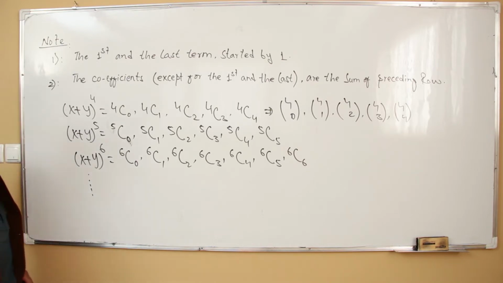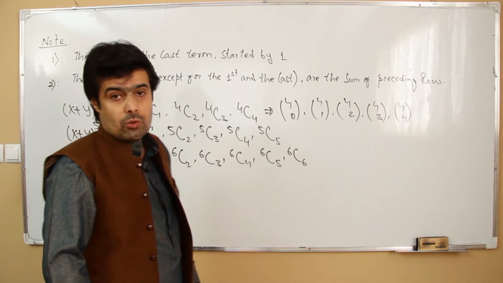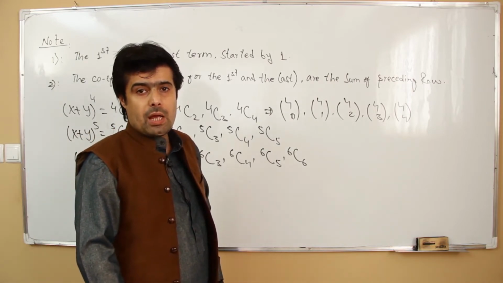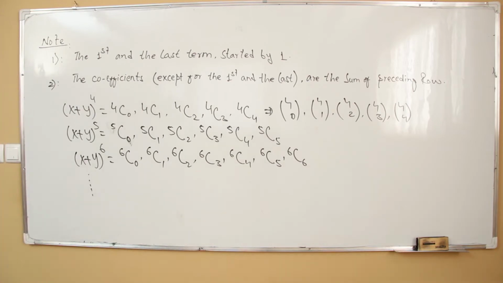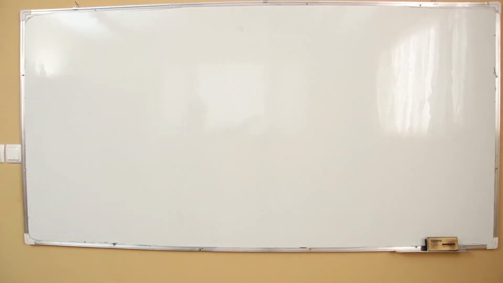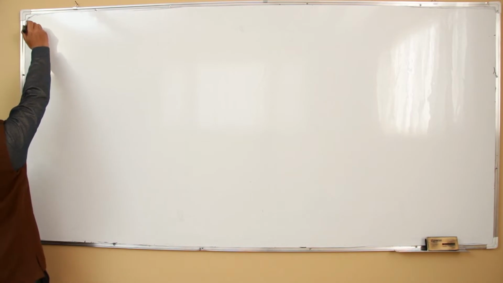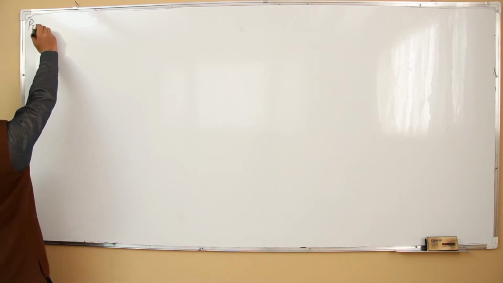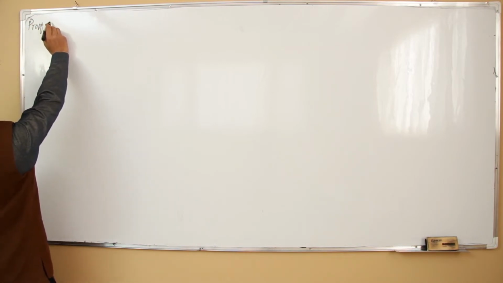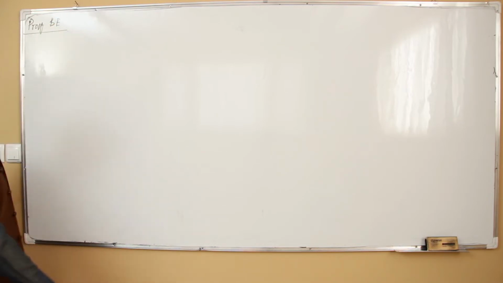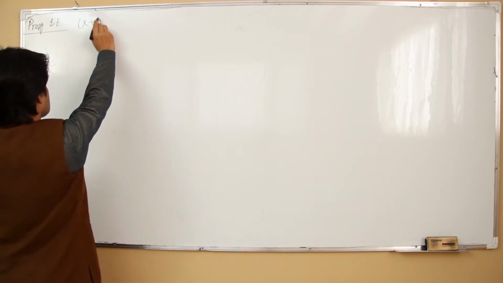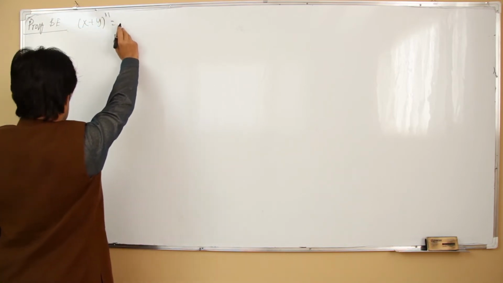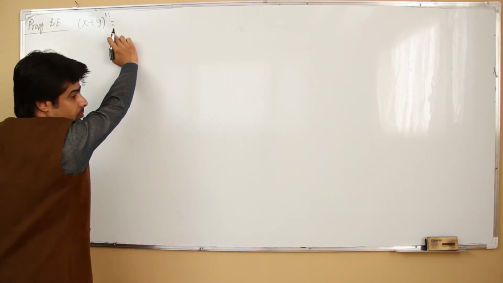How we can prove the general formula for the binomial expansion? Write it, we will come. By the way, come to prove for the binomial expansion. By the way, if we have x plus y raised to the power n, now what is the expansion formula for this one?